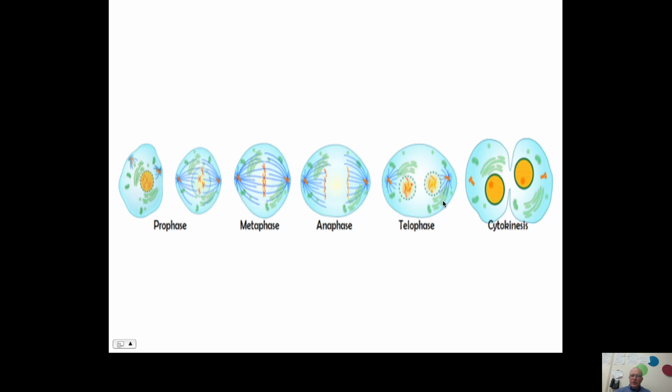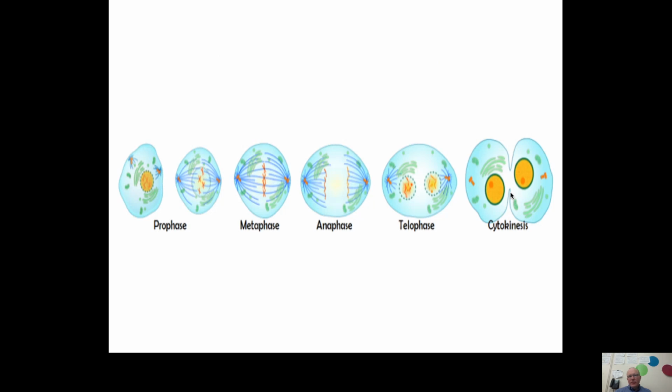And in part of telophase, you have cytokinesis, so for animal cells, two cells separate from each other. In plant cells, a cell plate would develop, which eventually turns into a cell wall.